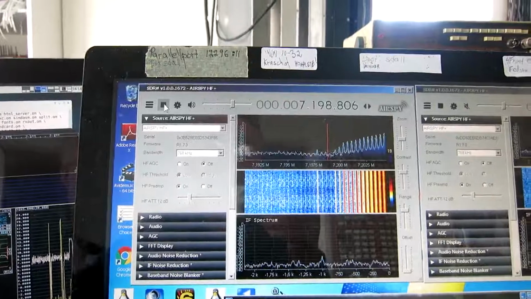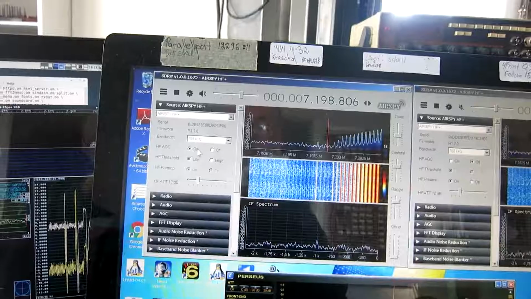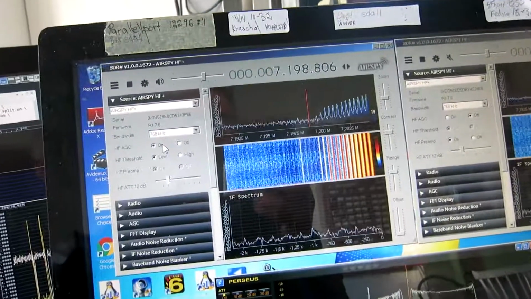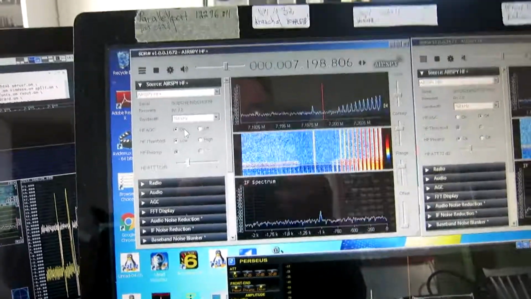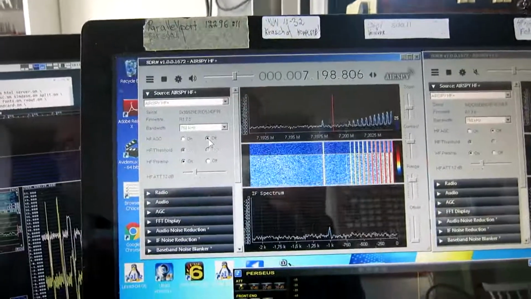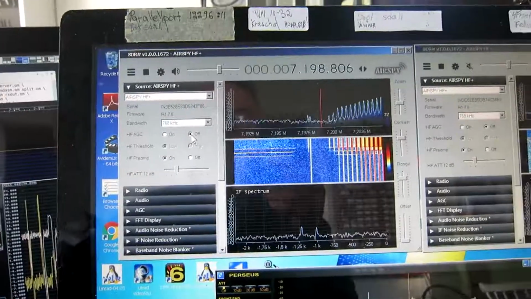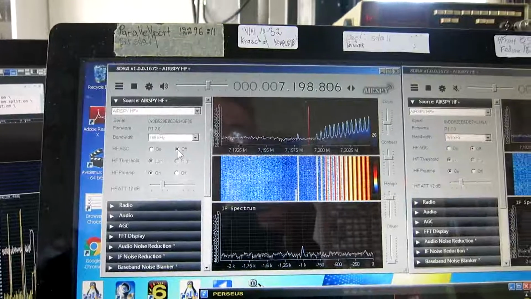And even that doesn't work, so enable the AGC and remove the strong signals, disable the AGC and restart. And now it's okay again.